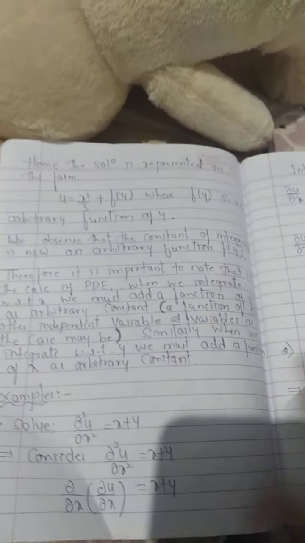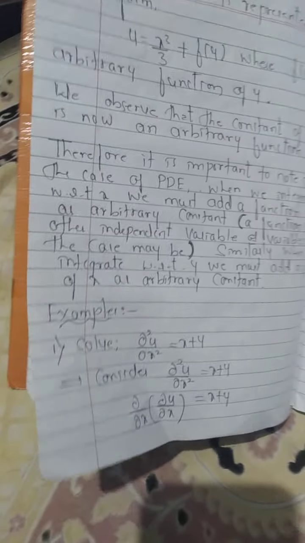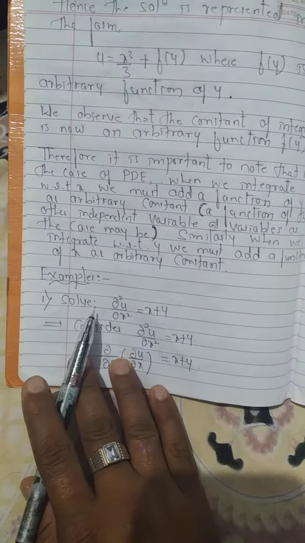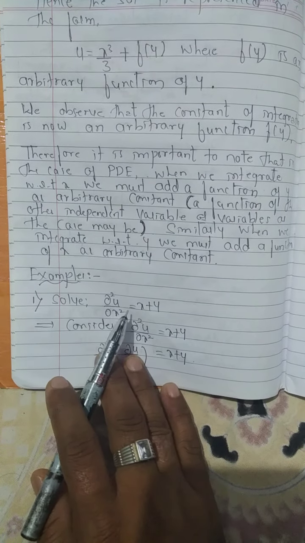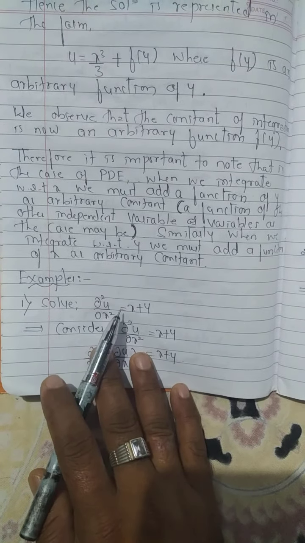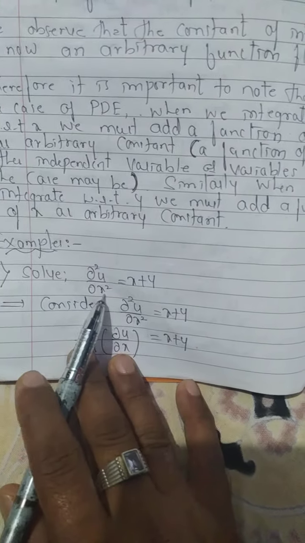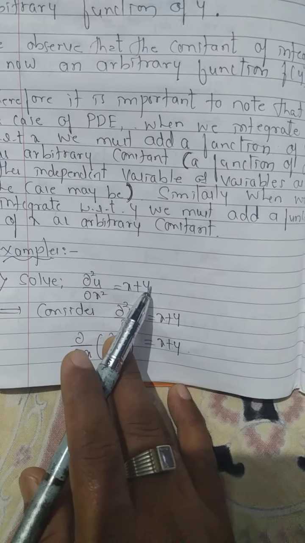The first example is like this: solve the partial differential equation by direct integration. The example is dou square u upon dou x square is equal to x plus y.